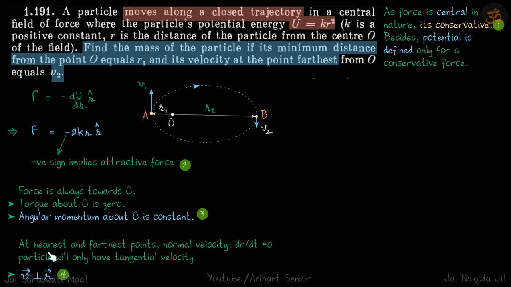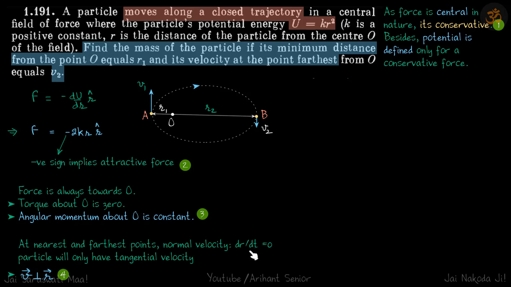Finally, at the nearest and farthest points, the normal velocity dr by dt is 0. At the farthest point dr by dt must be 0, and the same at the nearest point, which means r is not increasing further.